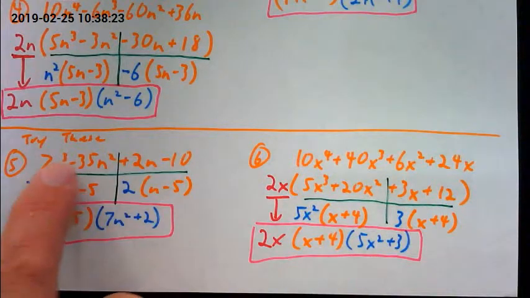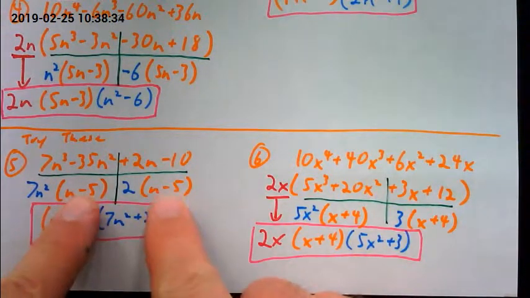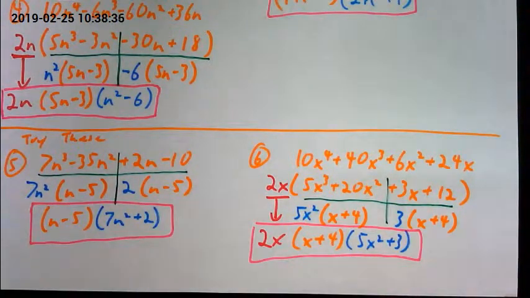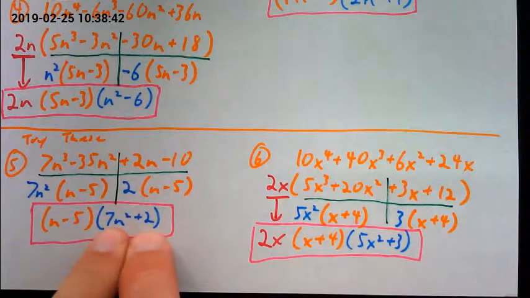I took out the GCF from the first set as 7n squared. I took the GCF out of the second one as 2. In the parentheses, then, what was left over in both cases was n minus 5. That n minus 5, since it was the same, came out together as our new GCF. The other two came together as our other factor.